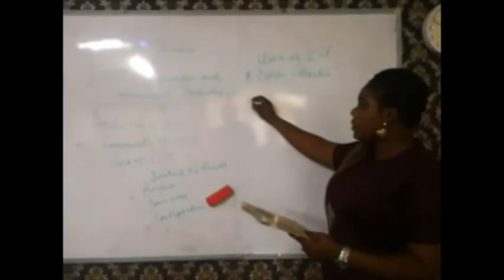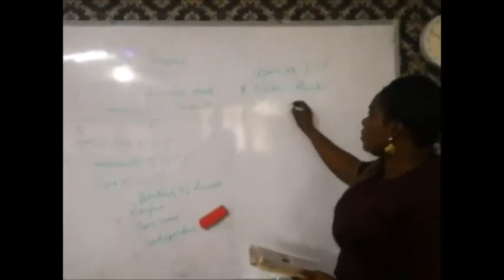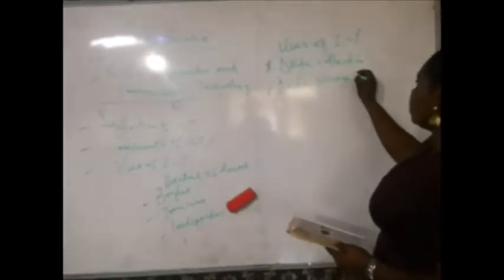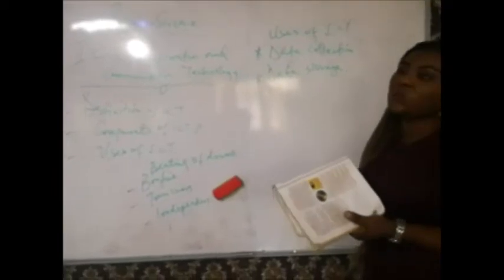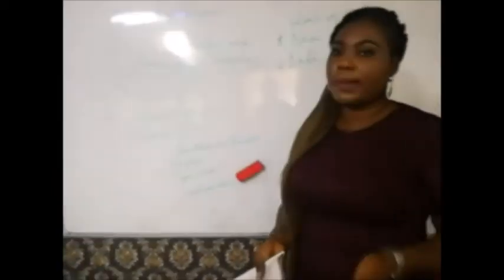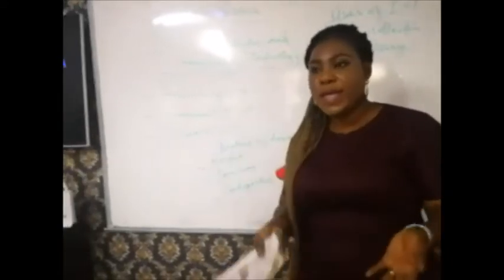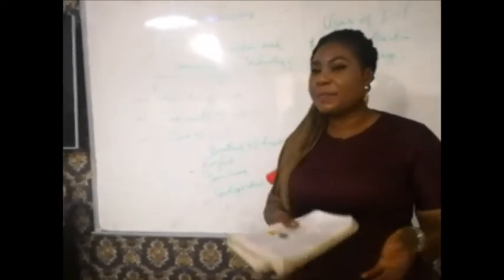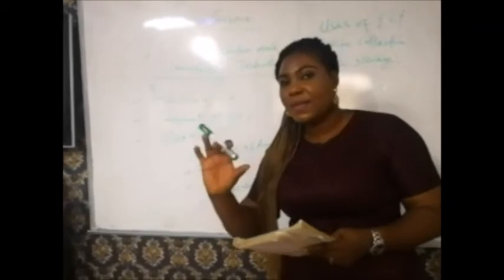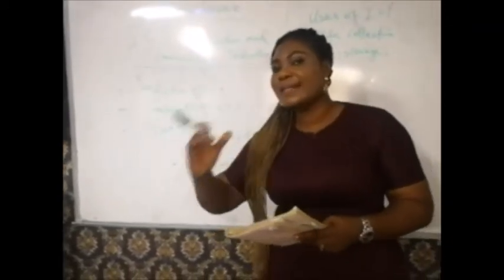The second one is data storage. Now I need to read something about a topic on biology in my phone. I don't need to start printing everything. I can easily save them in my phone and refer to them anytime I want.